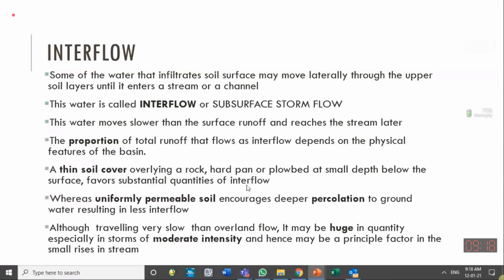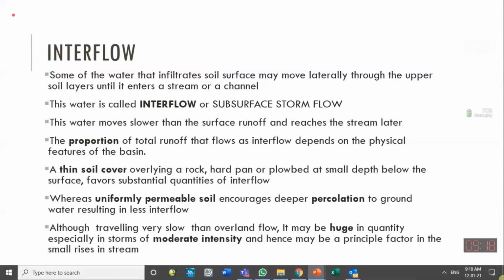So in which place interflow will be high? In a place where we have an impermeable rock just a few feet below the ground surface. I am talking about two things. One is the ground surface, one is the groundwater table line.